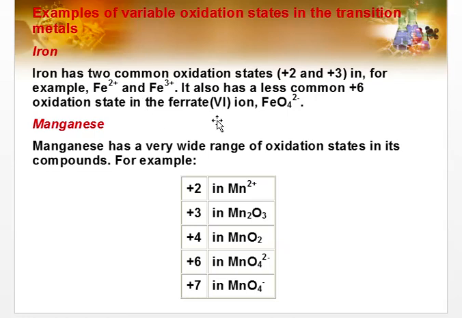It also has a less common +6 oxidation state in the ferrate ion, FeO4 2-. How can we write the acid of this compound? H2FeO4. Manganese has a very wide range of oxidation states in its compounds: +2, +3, +4, +6, and +7.